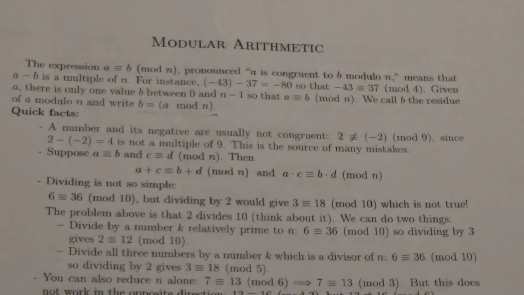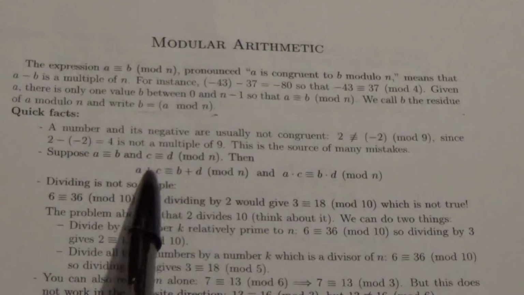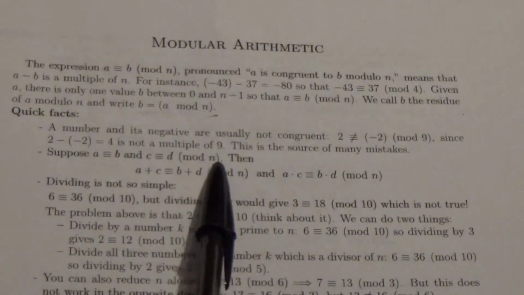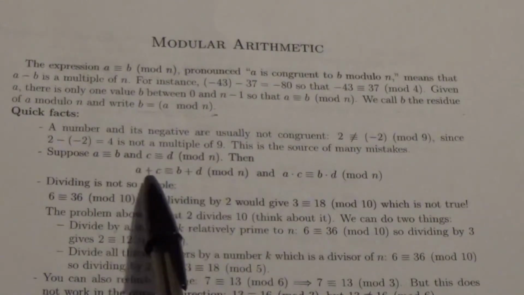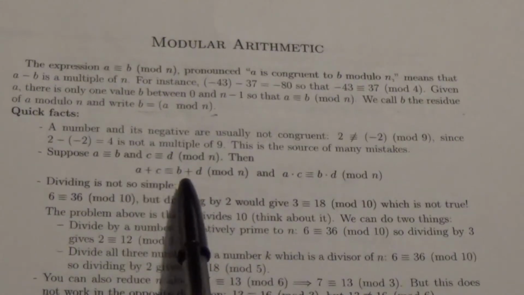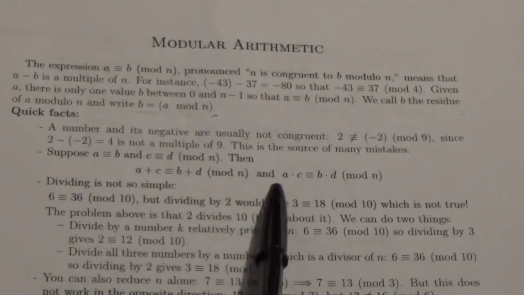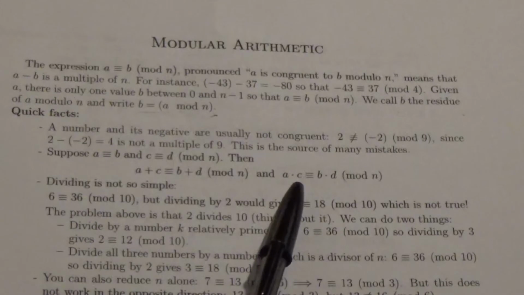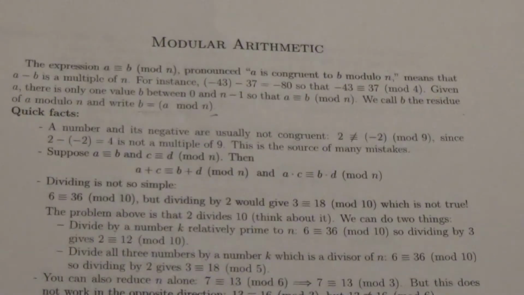But even so, we see the properties of equality in modular arithmetic, and we know that if A is congruent to B and C is equal to D modulo n, then we can combine those in various ways. We can say that A plus C must be equal to B plus D modulo n, and that A times C is congruent to B times D modulo n.